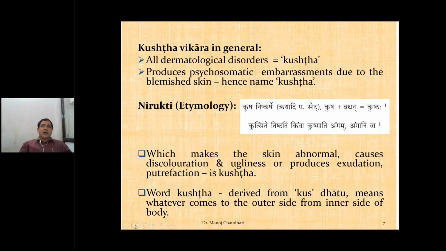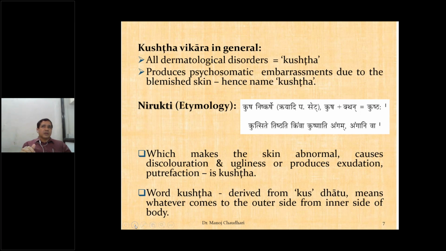That means when a skin disease is there, whether over a visible or invisible part of the body, the person has not only a physical problem but also a psychosomatic problem.